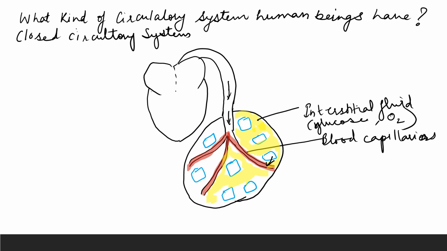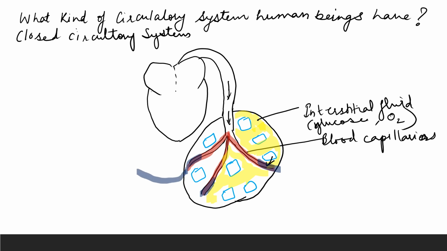In this area, let me draw it. Okay, so in these areas, these cells will release carbon dioxide, and it will go into these areas, right?